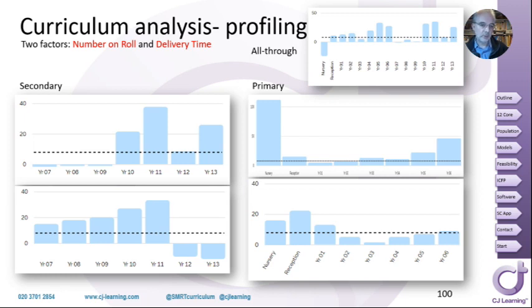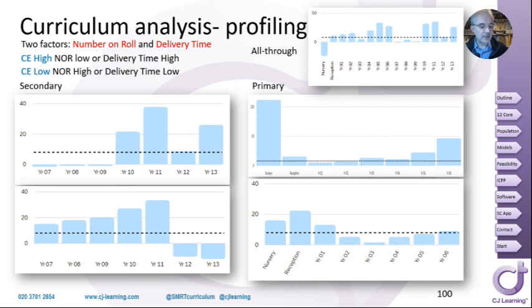Now, just as a rule of thumb, where the curriculum enhancement is high, the number on roll is low, or the amount of delivery time is high. Where the curriculum enhancement is low, the number on roll is high, or the delivery time is low.